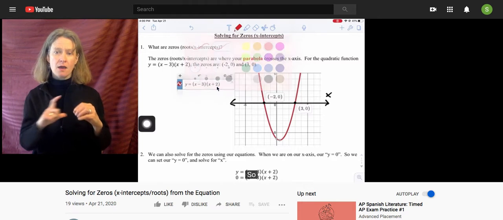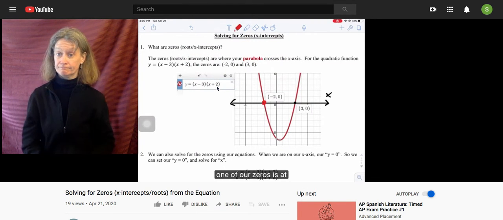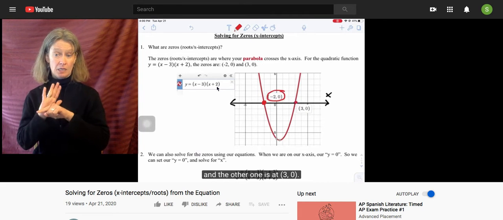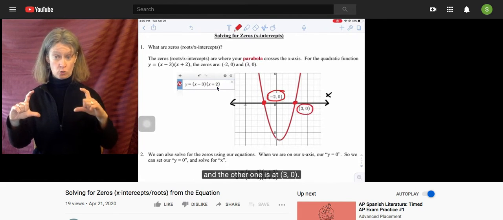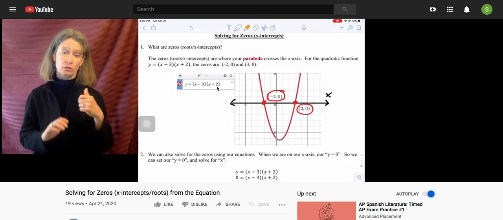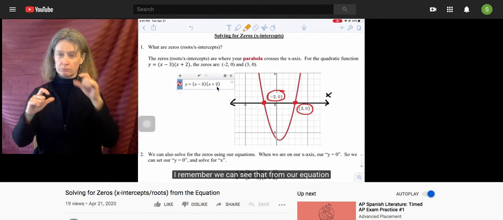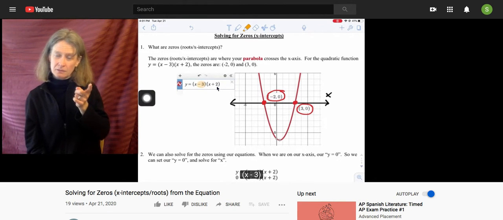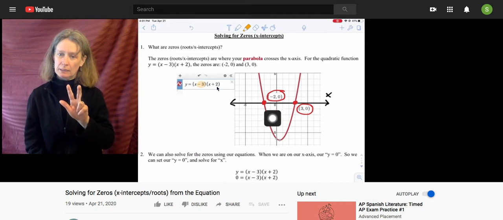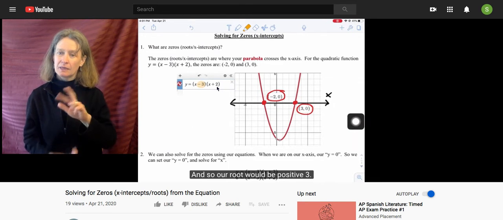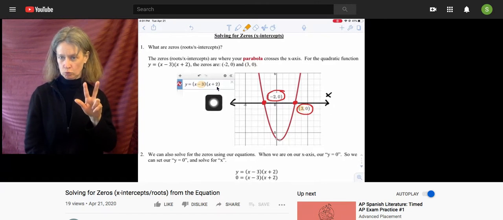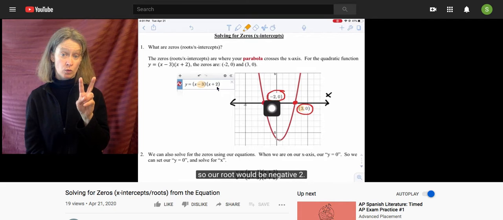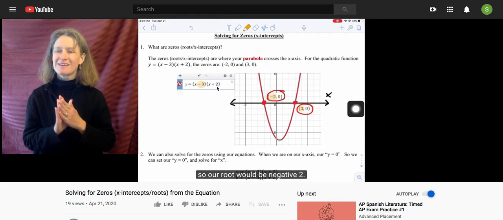So one of our zeros is at -2, 0, and the other one is at 3, 0. And remember, we can see that from our equation because we have x minus 3, and so our root would be +3, and we have x plus 2, so our root would be -2.